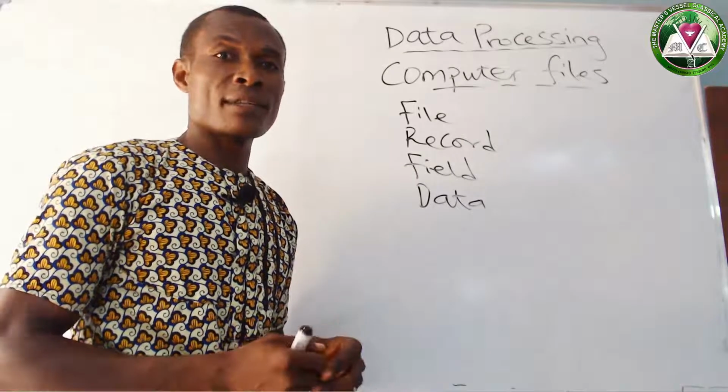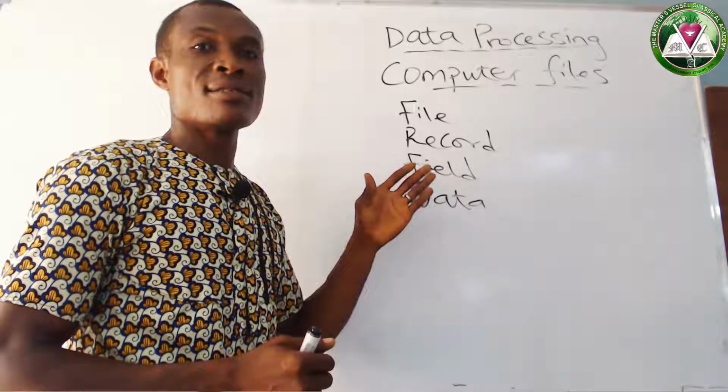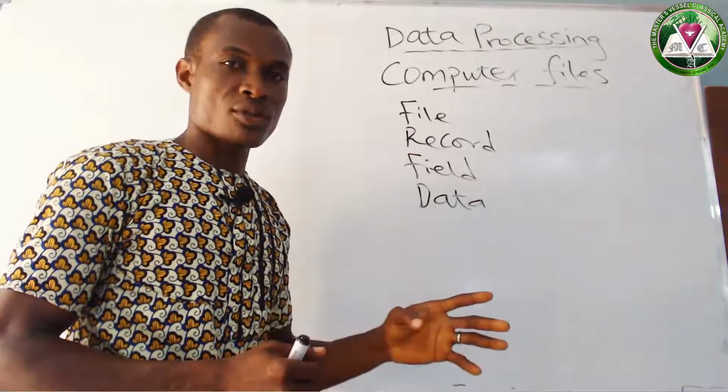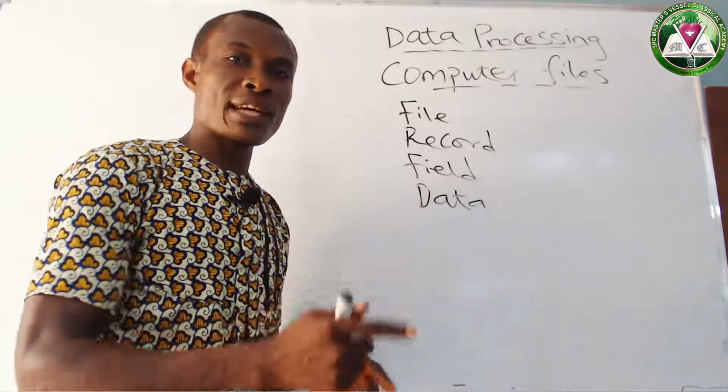Now, what is a file? A file is a collection of related records. I repeat, a file is a collection of related records.